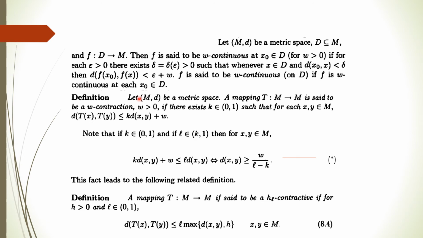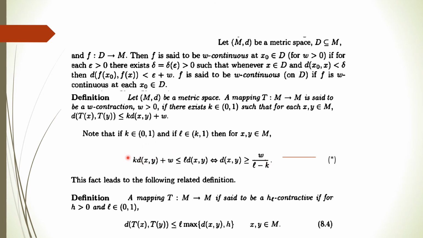Note that if k belongs to (0,1) and L belongs to (k,1), then for any x, y belonging to M, this relation holds: k times d(x,y) plus w will be less than or equal to L times d(x,y) if and only if d(x,y) is greater than or equal to w upon L minus k, and you can easily verify that.